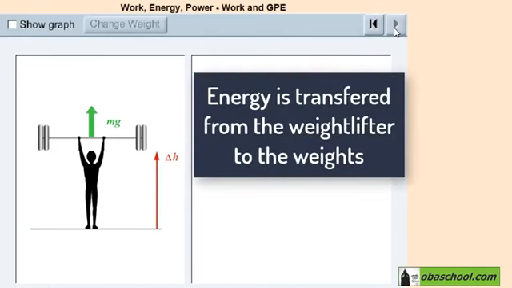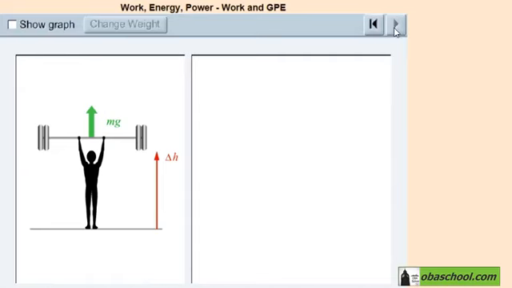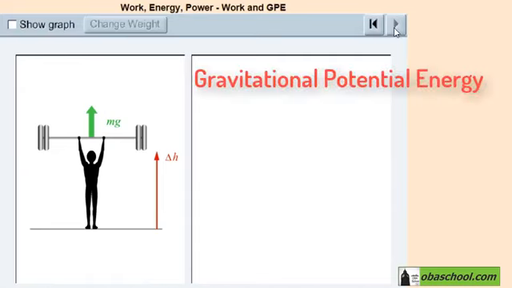Energy is being transferred from the weightlifter to the weights. The gravitational potential energy, GPE, symbolized by E sub P, of the weights is increasing.